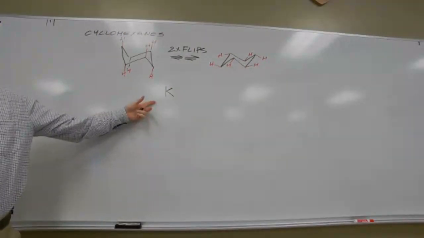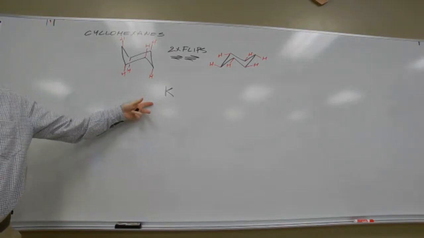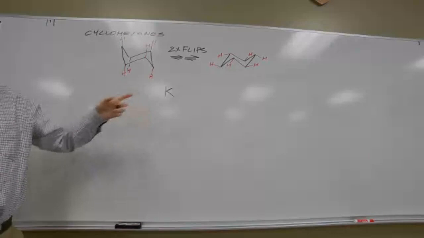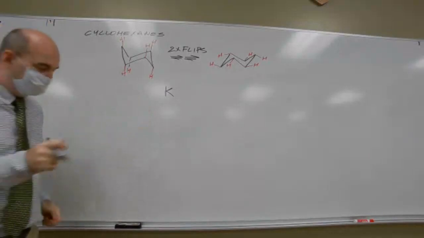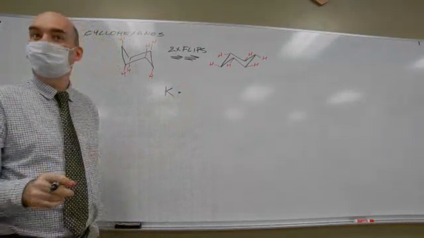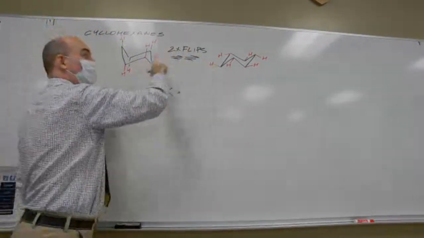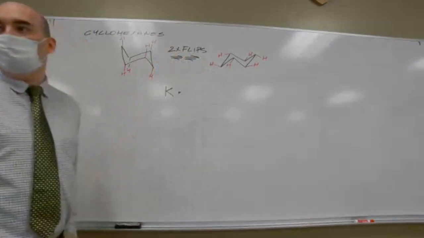Do you remember K? The equilibrium constant, capital K? What did K equal? This goes forwards and backwards. It's completely reversible.